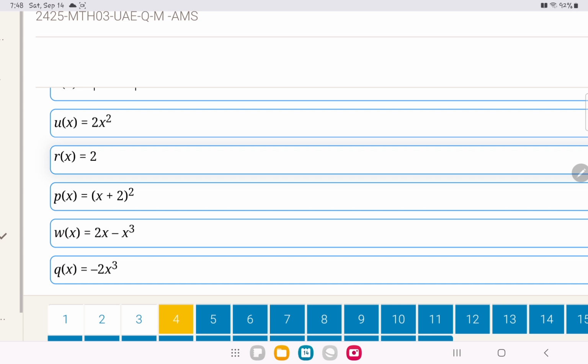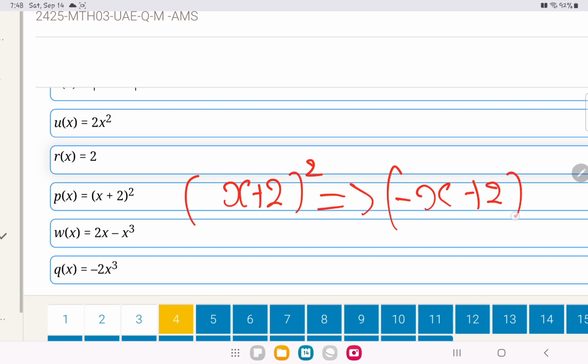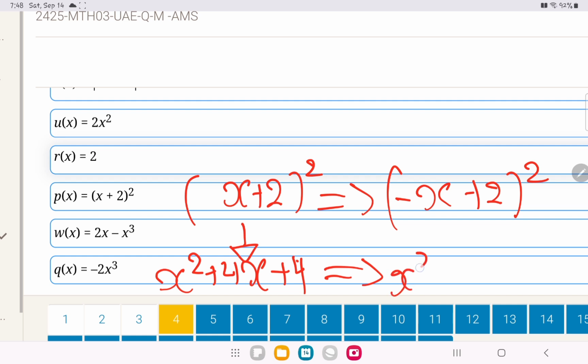Now this one, we have x plus 2 to the power of 2. Let's replace the x by minus x. Now we have minus x plus 2 to the power of 2. If we expand it, we're going to have x squared plus 4x plus 4. And then this one will become x squared minus 4x plus 4.